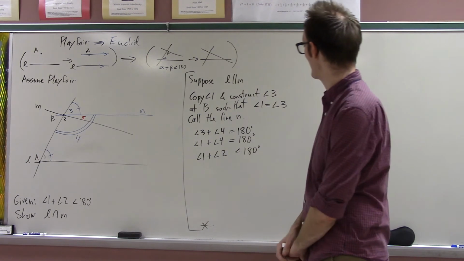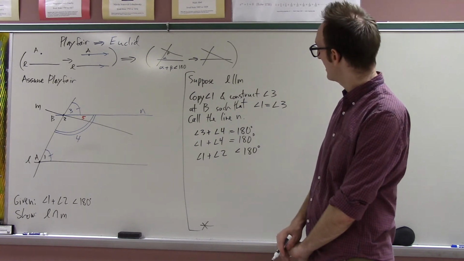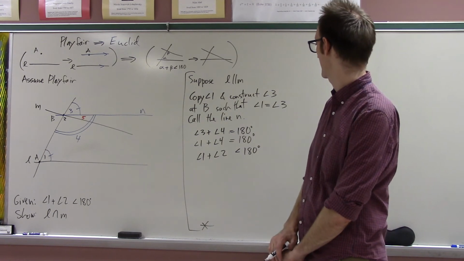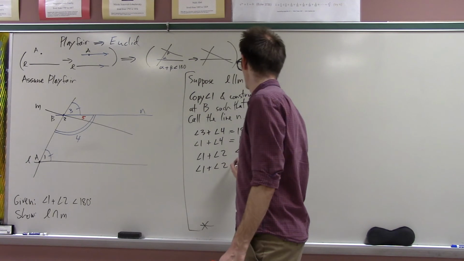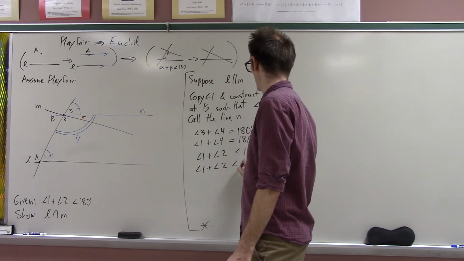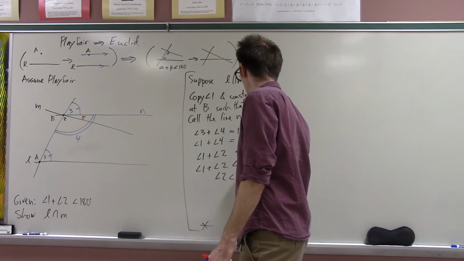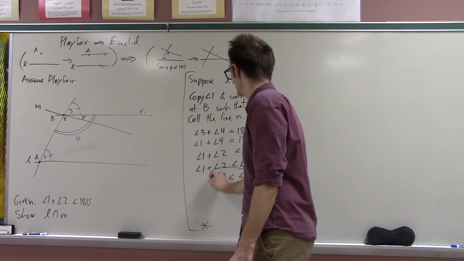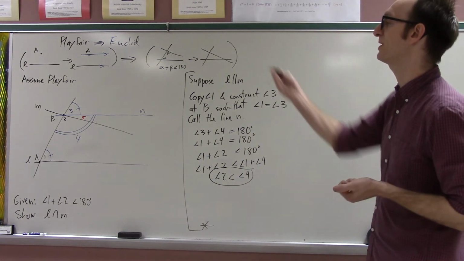And if that is the case, then angle 1 plus angle 2 is less than angle 1 plus angle 4. In other words, angle 2 is less than angle 4. Okay, this seems like a bunch of writing down obvious things, but what it means is my picture can be trusted.